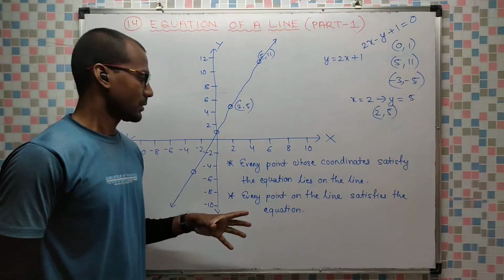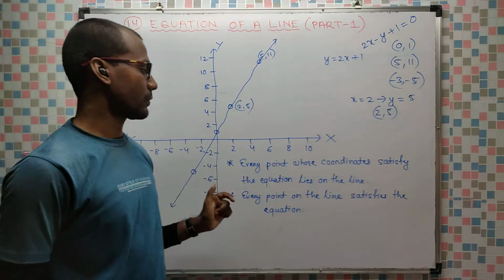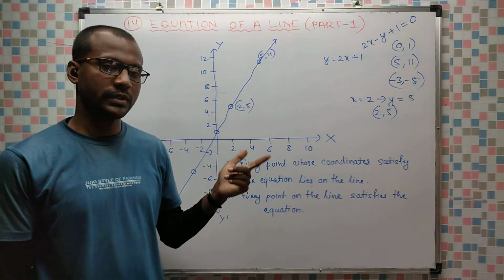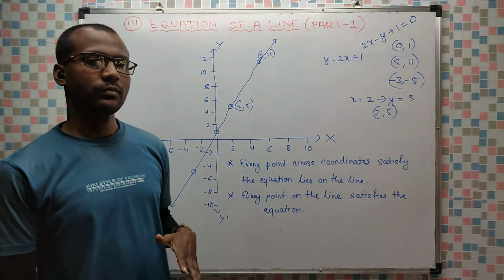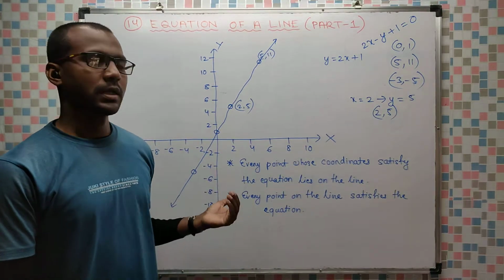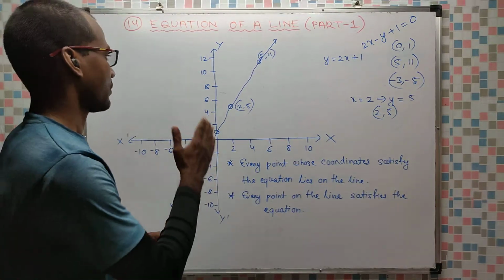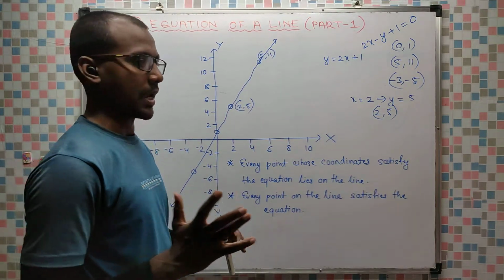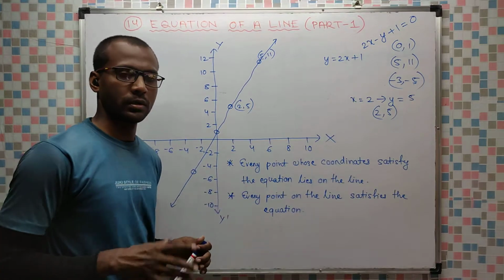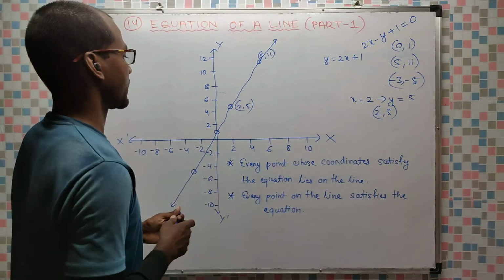This is the converse. The first point was that every point whose coordinates satisfy the equation lies on the line. The second point is the converse, meaning every point on the line will definitely satisfy the equation. Now my line is not accurate, so I am not sure whether it will satisfy or not. If your line is accurate, then it will definitely satisfy.